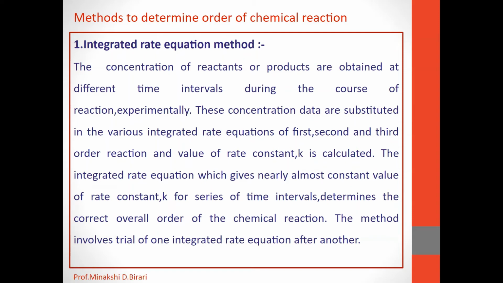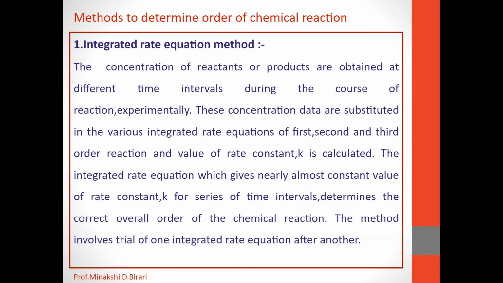The experimental values of a minus x and t are then substituted into the integrated rate equations for first, second and third order reactions. The rate equation which yields a constant value of K corresponds to the correct order of the reaction. So in this method, one equation after the other undergoes trial till the correct equation is known.